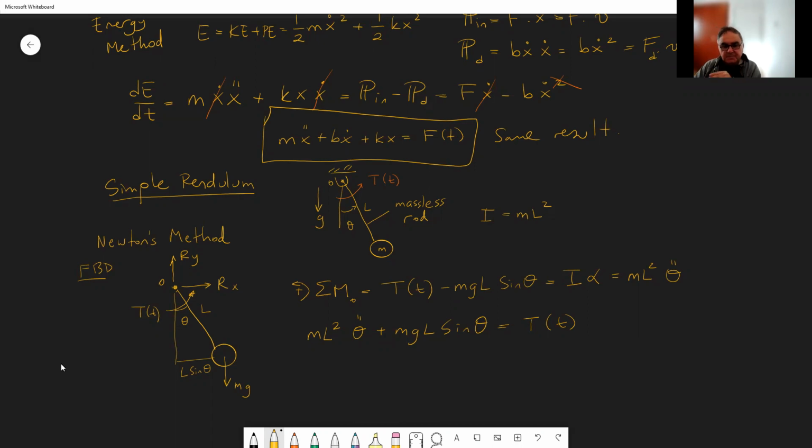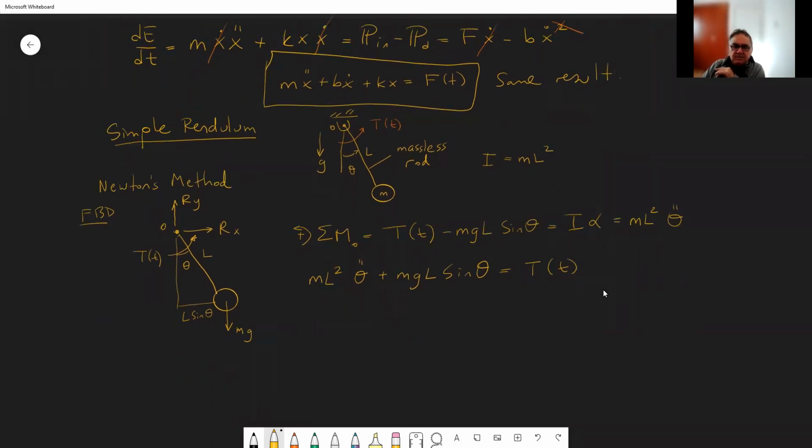Well, there is something strange about this. First of all, this sine term makes the equation nonlinear. We would like to have a linear equation so that we can solve it. So we do an approximation here.